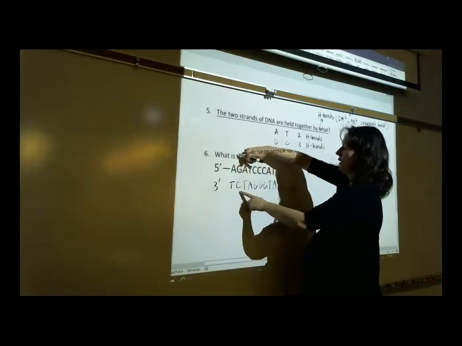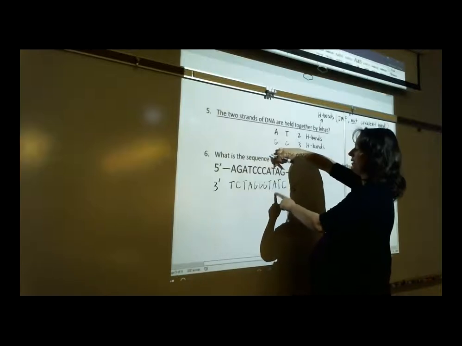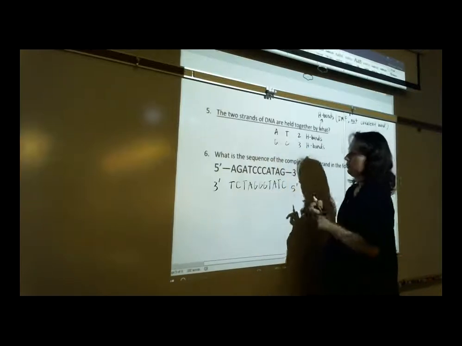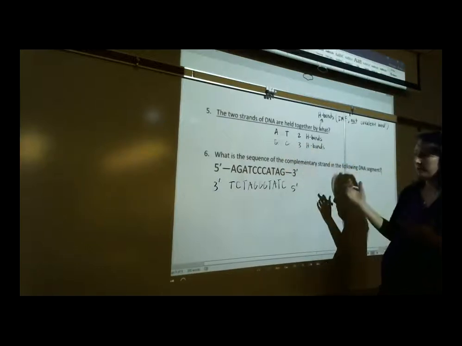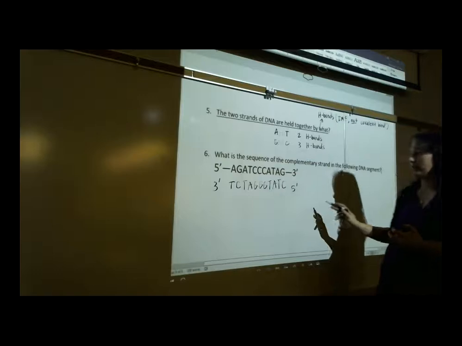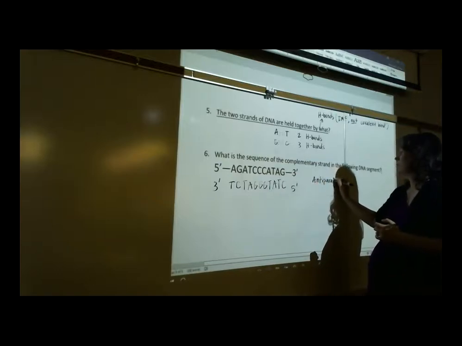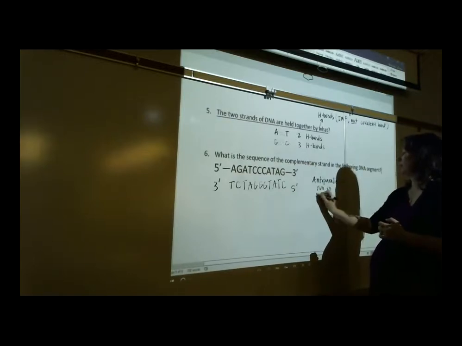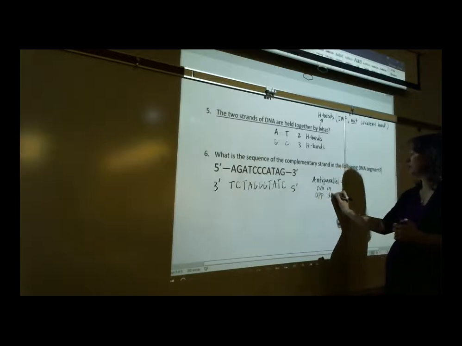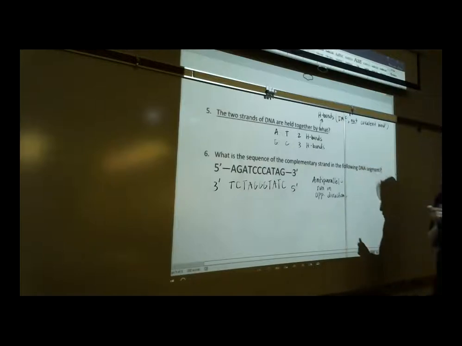A and T, G and C. If you just remember that A is complementary to T, and G is complementary to C, and then remember that the other one is anti-parallel, right? So that means they run in opposite directions. So that's what that means. That would be the complementary strand.